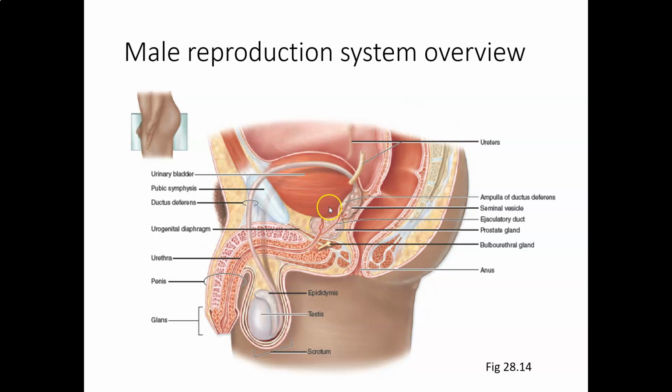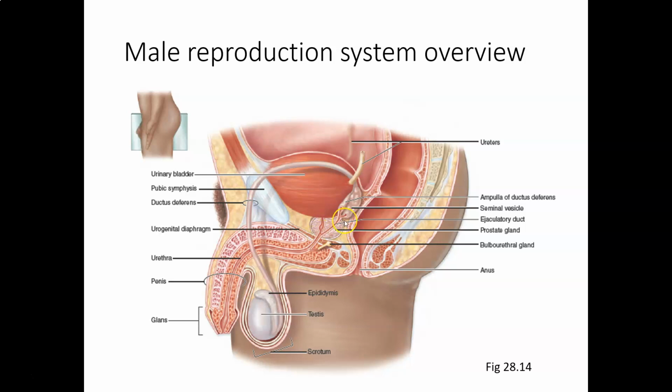So here you see this is where it connects to the urinary bladder. So this is the urinary bladder here. That's the prostatic urethra. But then over here you have the merge of the ejaculatory ducts, right?